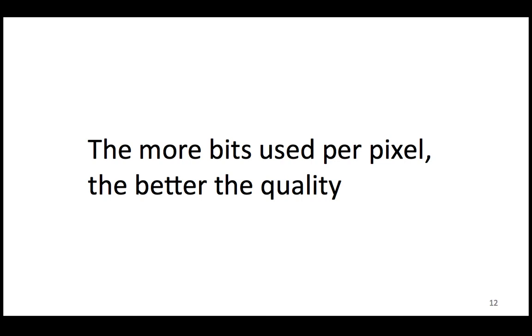So if I wanted to measure the height of everyone in the class, what I could do is I could get you to line up against the wall there, and I could count how many blocks tall you are. So I could say you're 6 blocks tall, you're 6 blocks tall, you're 7 blocks tall, you're 6 blocks tall, you're 8 blocks tall. And it would be a very rough approximation of everyone's height.